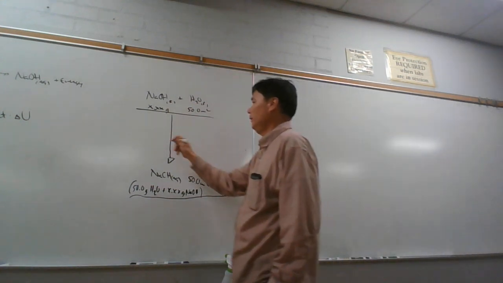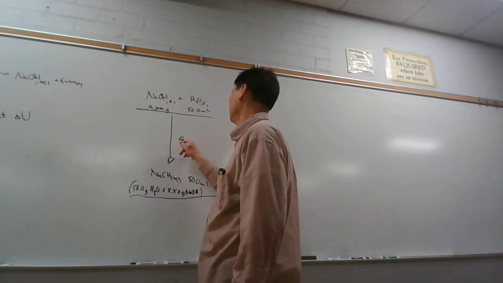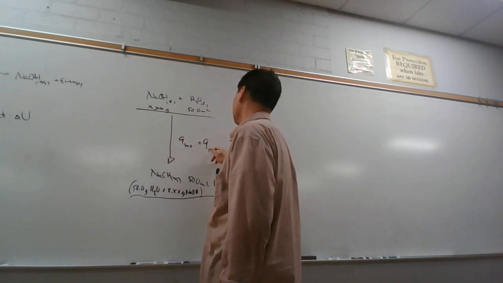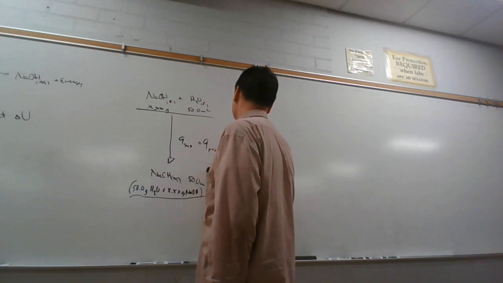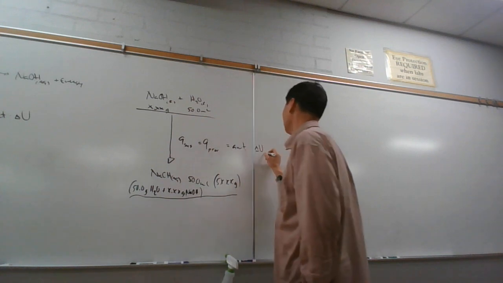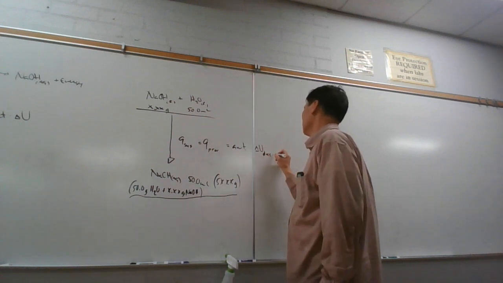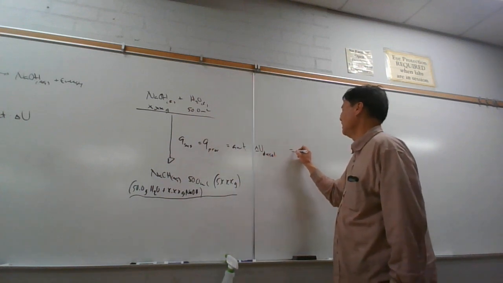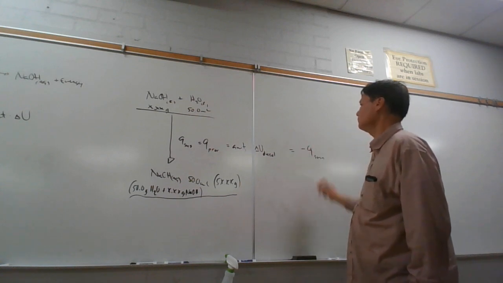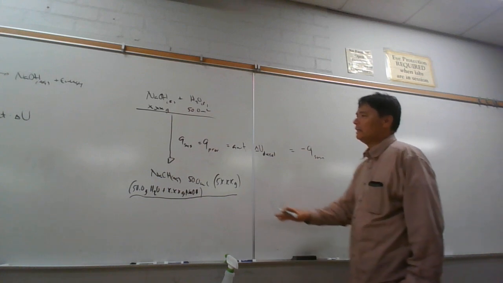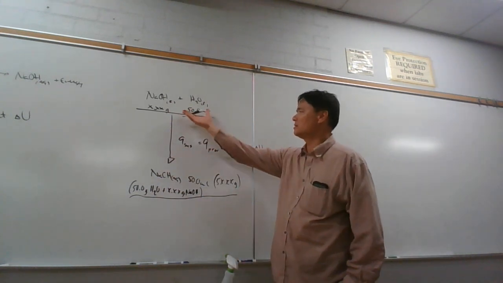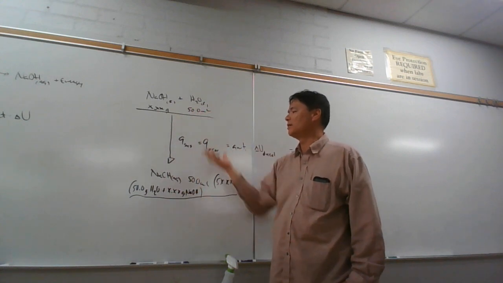And so Q of the system here, which is equal to Q of the dissolution process, which is equal to the amount times delta U of dissolution, is going to equal minus Q of the surroundings. And so all the heat that's generated, all the energy is going to be absorbed by, okay, once I've dissolved all this, the system's gone.